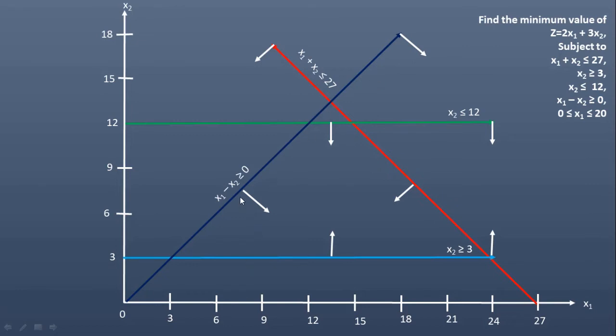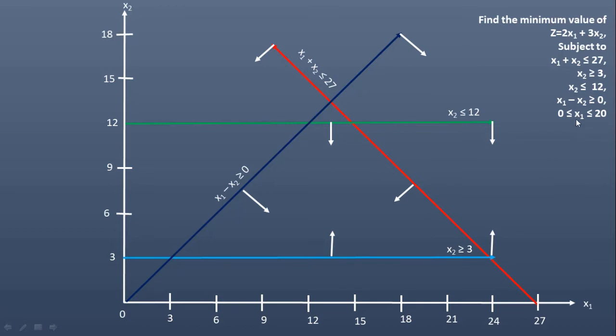Now what is the solution, below this line or above this line? Suppose we take x1 = 12 and x2 = 6. Then 12 − 6 = 6, which is greater than or equal to 0. Therefore, any solution below this line satisfies that inequality.